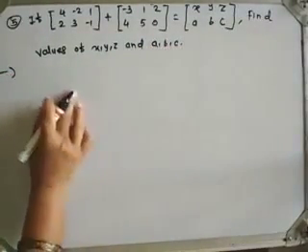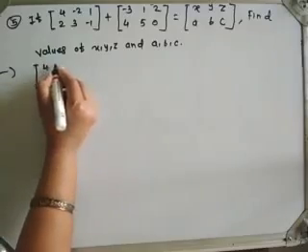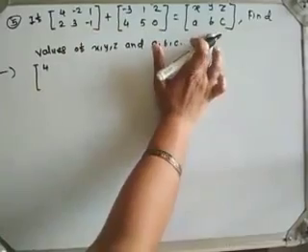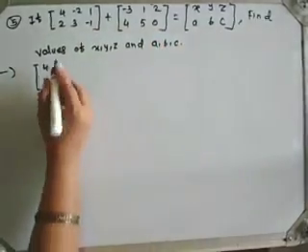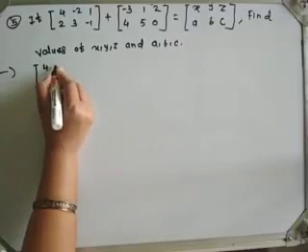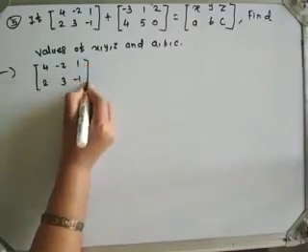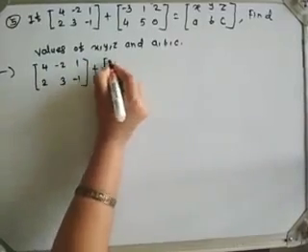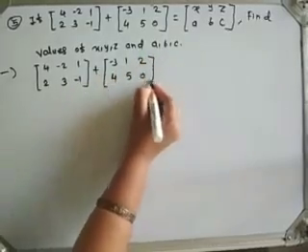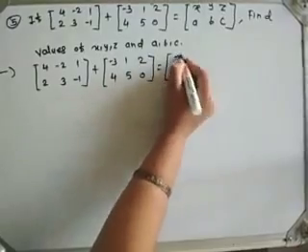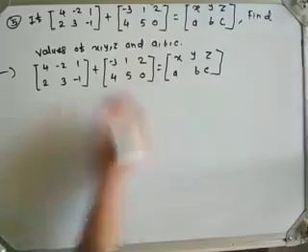See here what we have been given: the matrix addition of two matrices is equal to this matrix. Then we have to find the values of x, y, z and a, b, c. What we have is the matrix 4, minus 2, 1, 2, 3, minus 1 plus the matrix minus 3, 1, 2, 4, 5, 0 is equal to the matrix x, y, z, a, b, c.